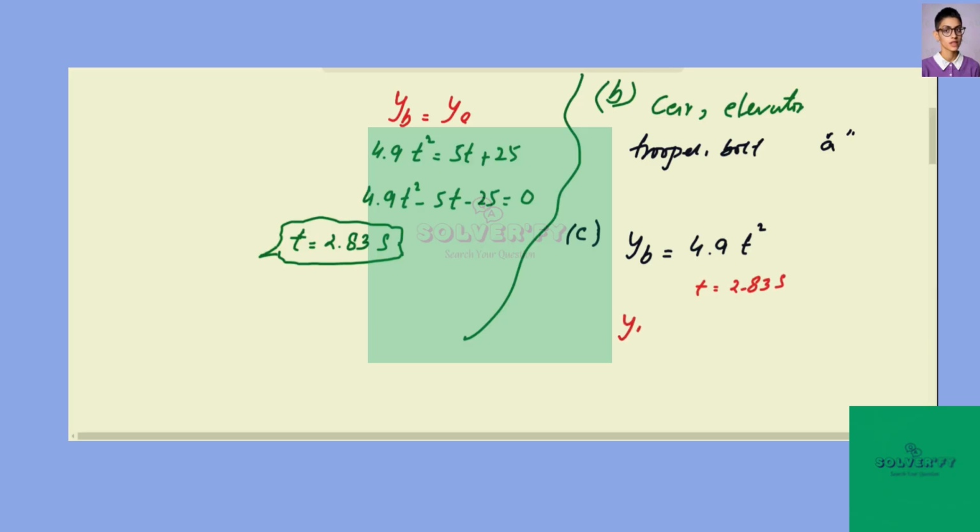This gives us yb equal to 39.2 meter. So the bolt will hit the elevator after covering a height of 39.2 meter.